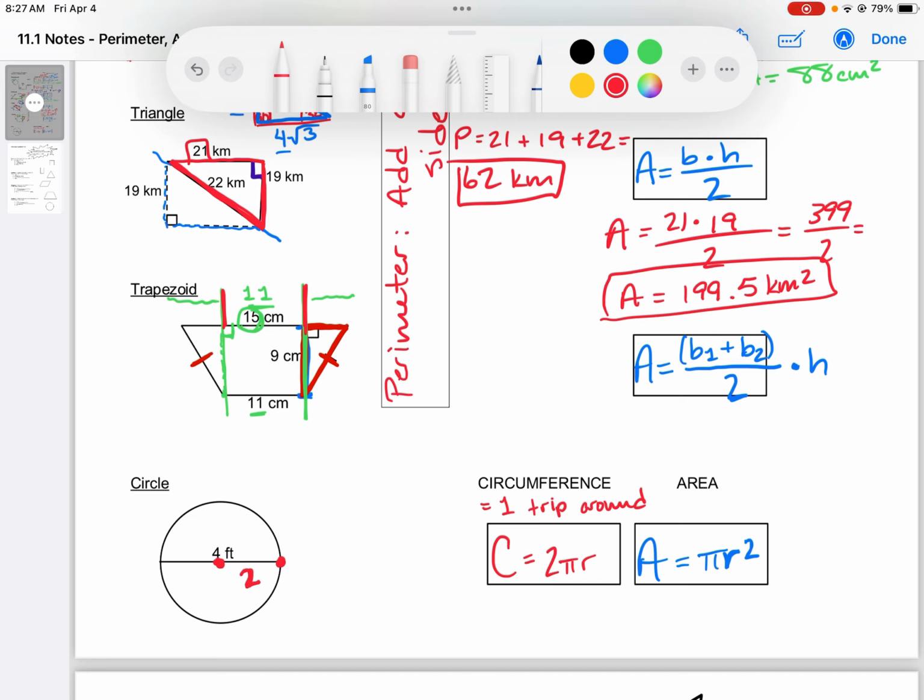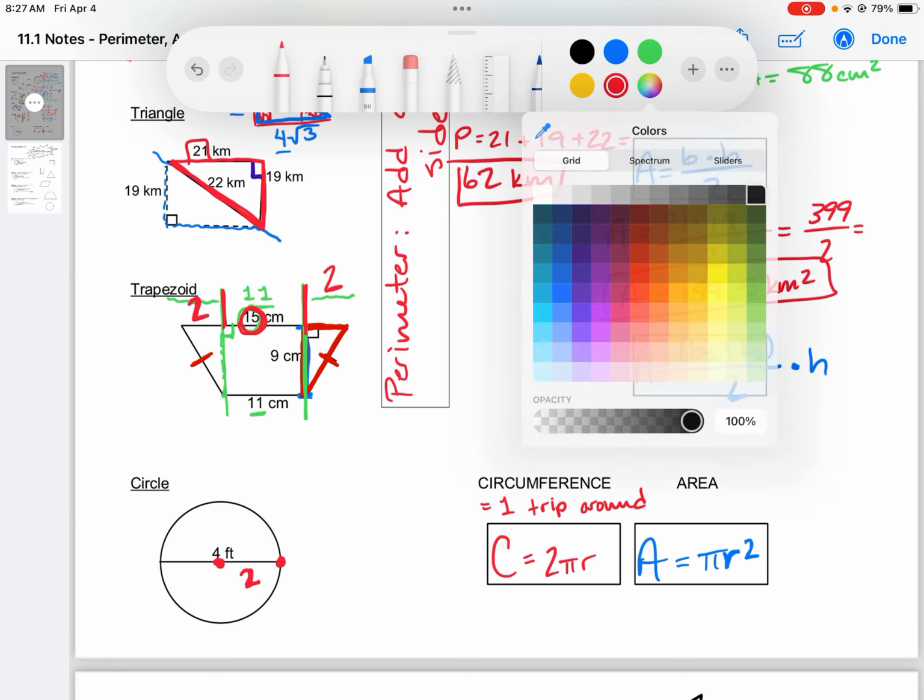And so if 11 of it is in between these two imaginary lines that I just drew, that means 4 of it is split over here and over here. Now that gives me 2, 11, 2, which all adds up to 15.